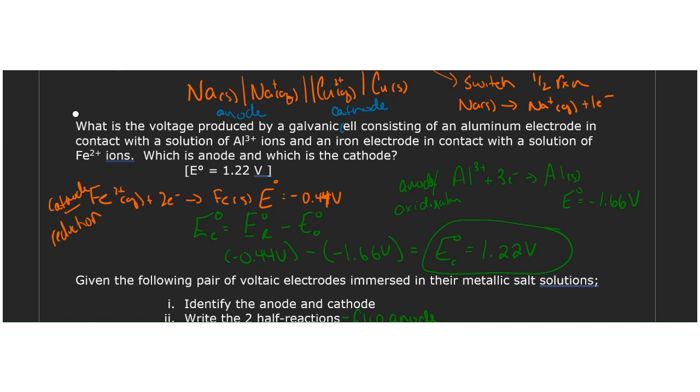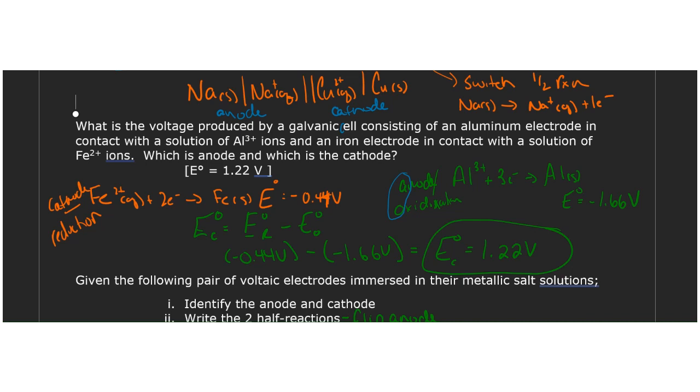Iron 2 is higher up on the chart than aluminum, so iron 2 becomes my reduced half reaction, which is then automatically my cathode. My anode is my oxidized. I remember it because these are both vowels, so the anode is always oxidized because A and O are vowels. That's how I pair those two together, and the other two just because there's nothing else to pair with.